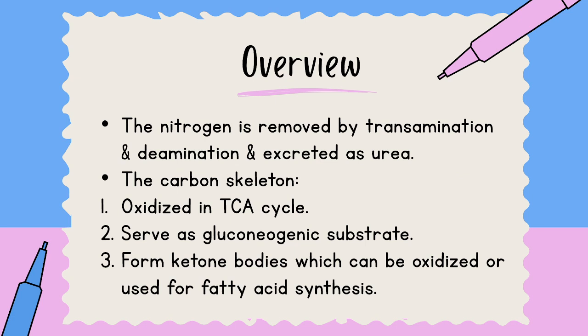The nitrogen of amino acid is removed by transamination and deamination and excreted as urea, while the carbon skeleton has three phases: either oxidized in the citric acid cycle, or it can serve as a glucogenic substrate, of course, by passing through the citric acid cycle first, or it can be used to form ketone bodies, which can be, of course, oxidized for energy metabolism.